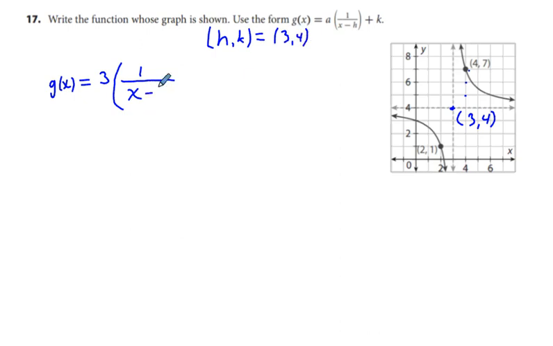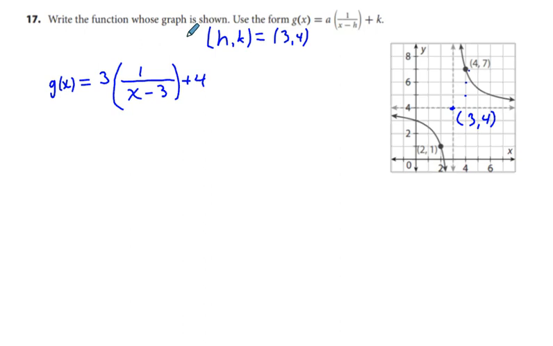So x minus 3 plus 4. And so that should really be it. And we could test. If we test, for instance, 5 and 2, we should get our values right here.